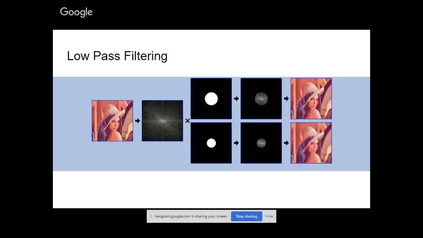And that's what's happening here. If this filtration removes even more frequencies, it gets blurrier because you've taken a lot of information out that is represented by the high frequencies.